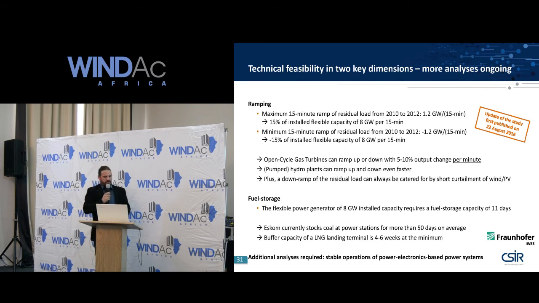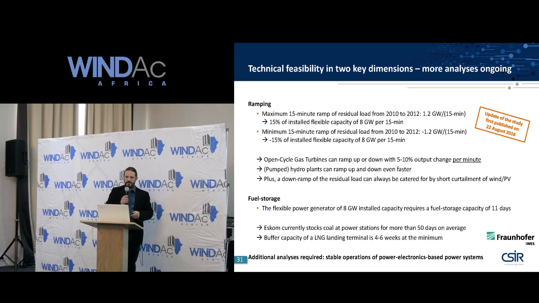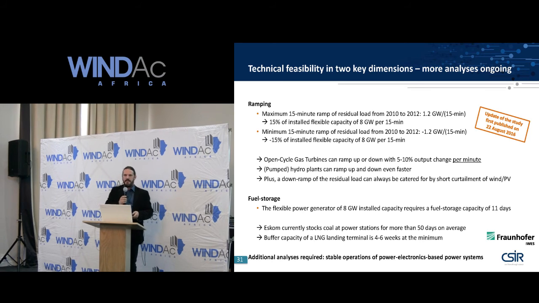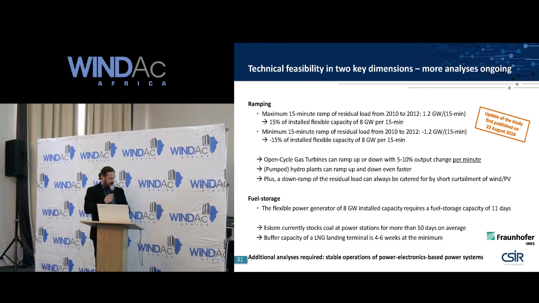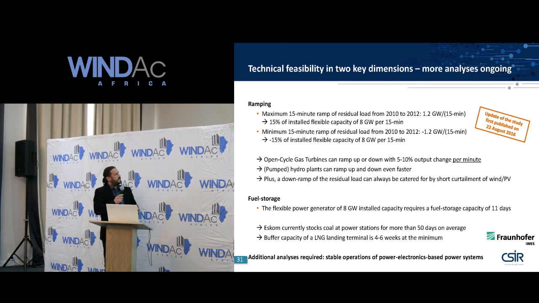But the second question was how the ramps will look. Is it possible to supply the steep ramps of fluctuating renewable energies by means of fossil-fueled generators such as gas-fired power plants or something like that? So we analyzed the ramp rates.